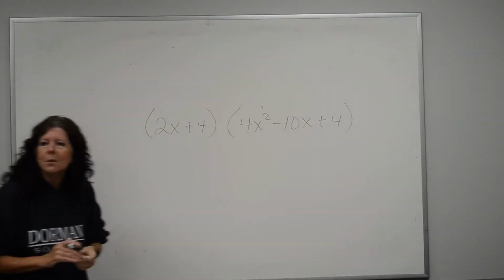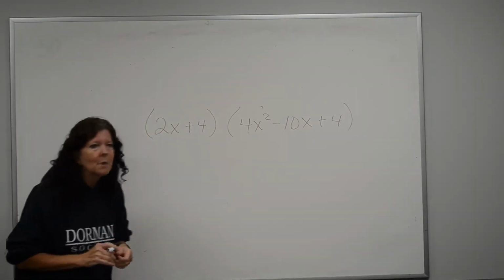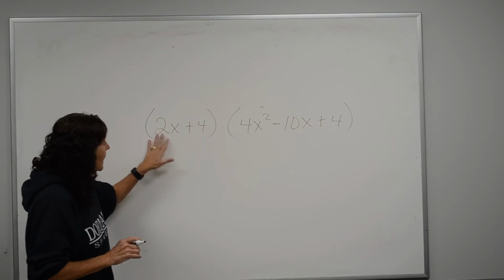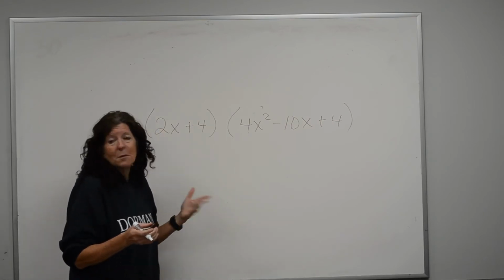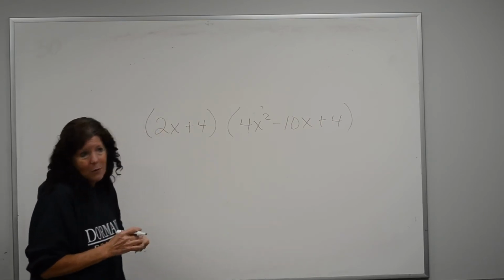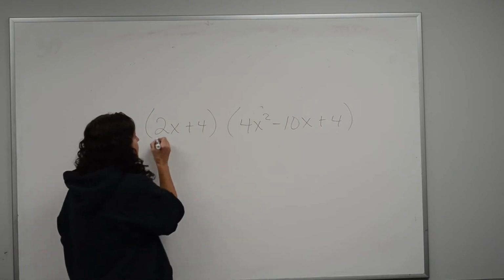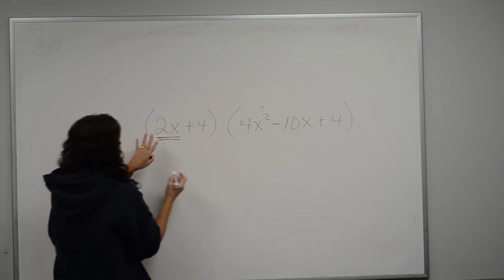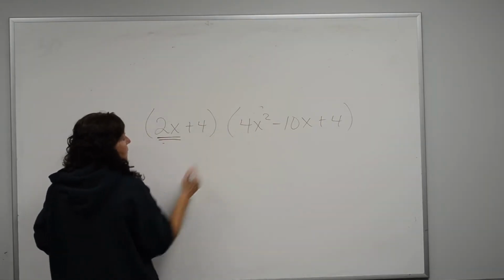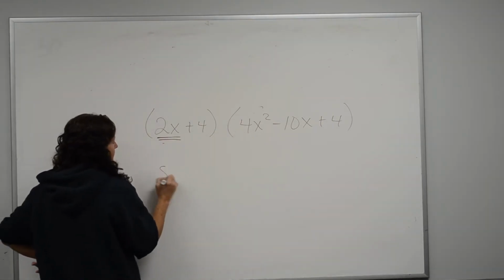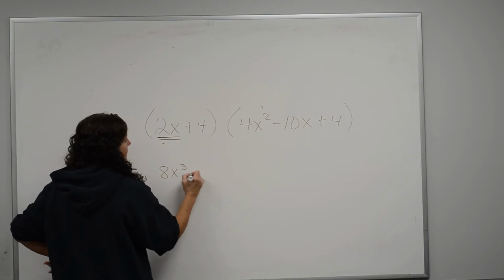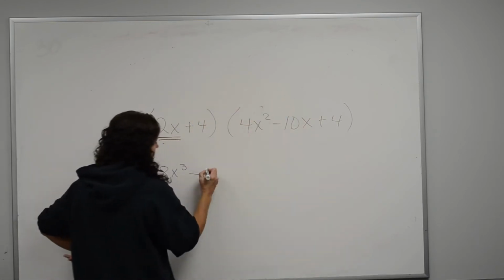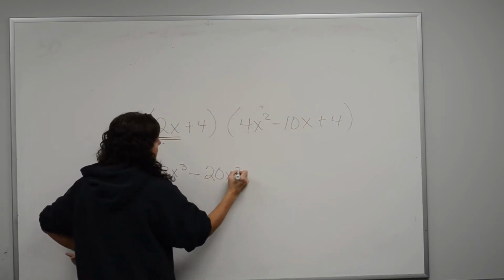So what I have to do with this is I have to do the distributive property. Okay, and the distributive property works in the place of FOIL, by the way, but FOIL is just a fun way to do it. So first I'm going to take that 2x and I'm going to distribute it to everything. So I'm going to go 2x times 4x squared is going to give me 8x cubed minus, then I'm going to do it times that, 20x squared.